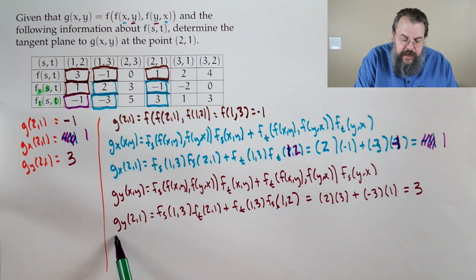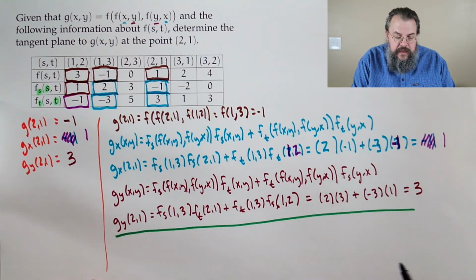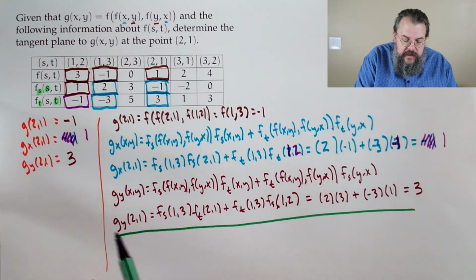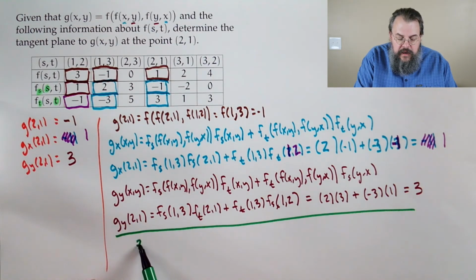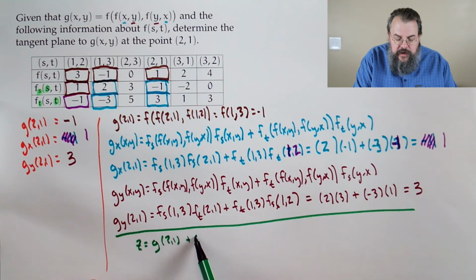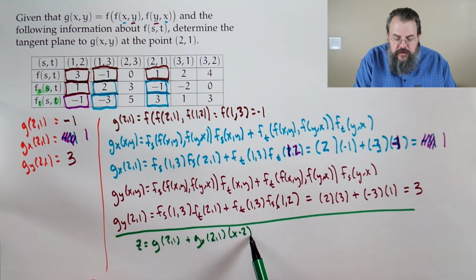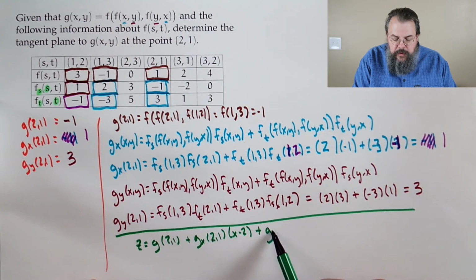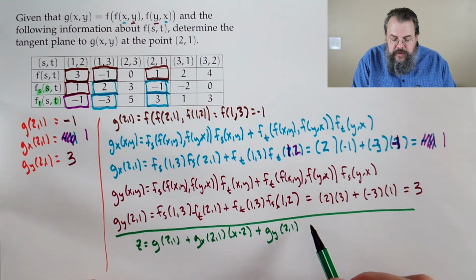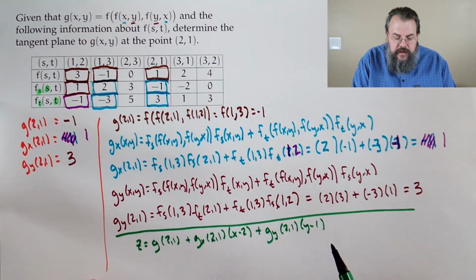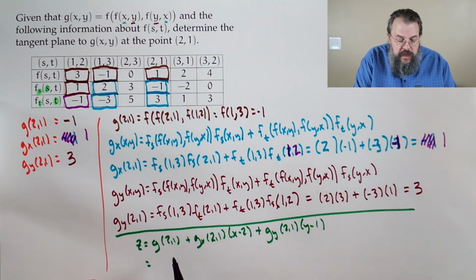So what's our answer? Well, we need a plane. So we have our data. Our tangent plane would be our function at 2, 1 plus our g sub x at 2, 1 times x minus 2 plus our g sub y at 2, 1 times y minus 1. Well, what is that?